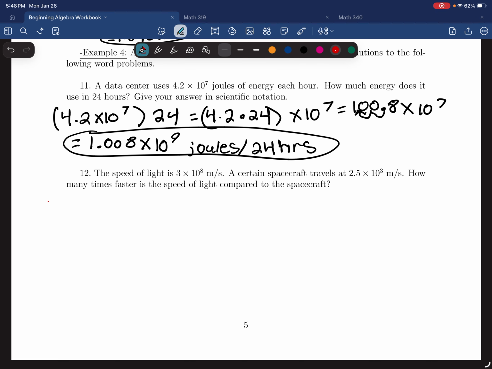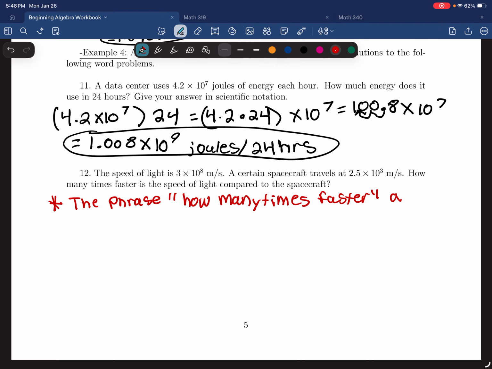So the one note I want to make here, because this word problem can be kind of confusing for some people. The phrase "how many times faster" always means you're going to take the greater value of whatever you're trying to figure out, and divide it by the smaller value.